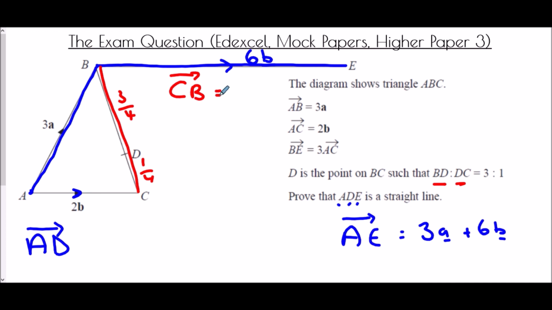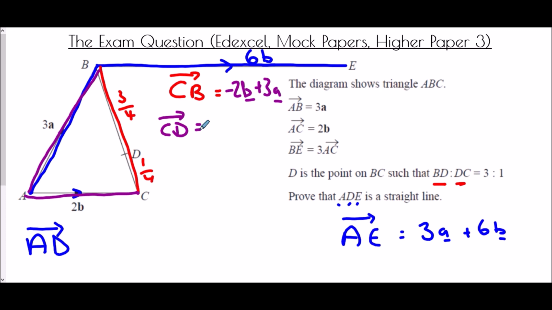So how do I get from C to B? To get from C to B, well, I will need to follow the vectors I already have. So that is negative 2b and plus 3a.